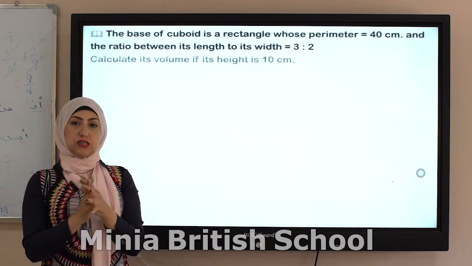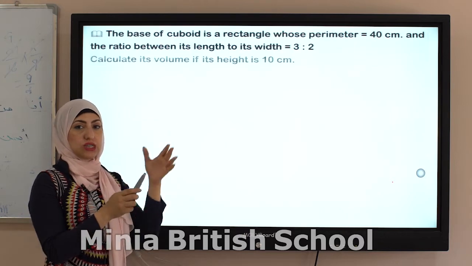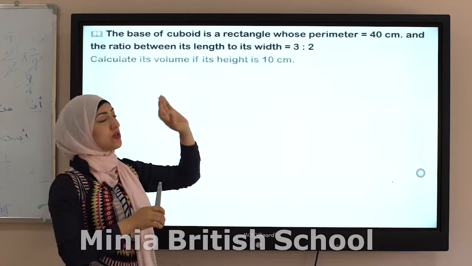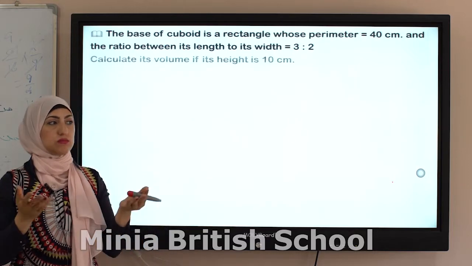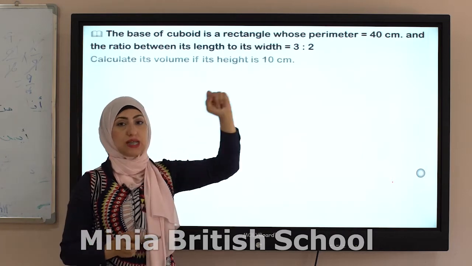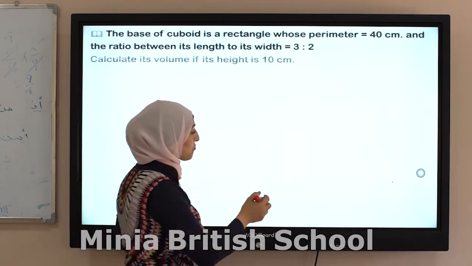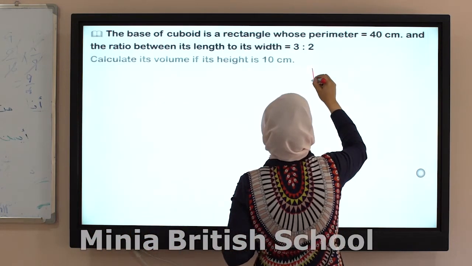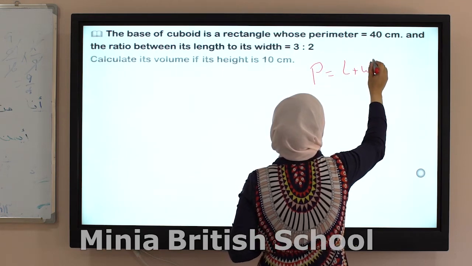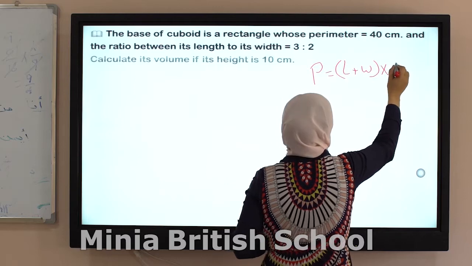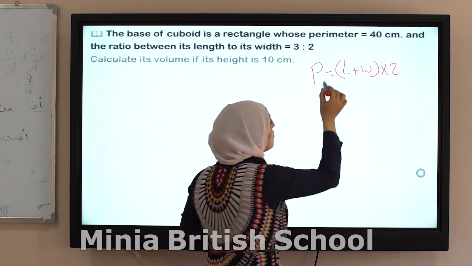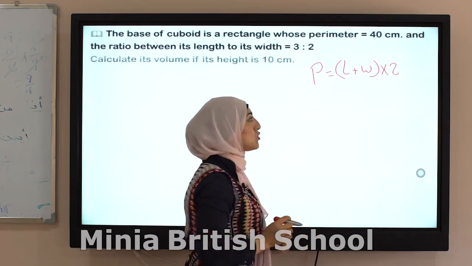What do I need to solve this? I need the length and width and height. Okay, he gives me the height. Where is the length and width? Can I get them from the perimeter? Yes, I can. Why? If I know that the perimeter equals length plus width times 2, right? So I want only length plus width.